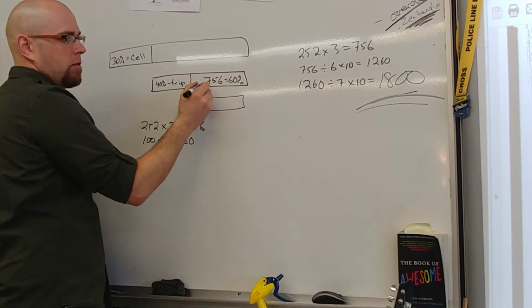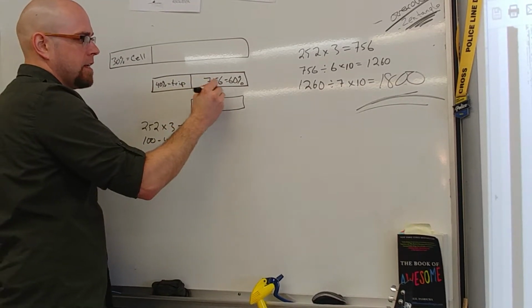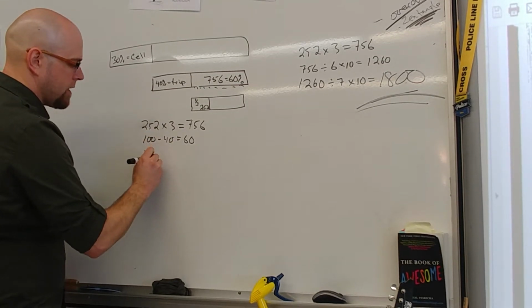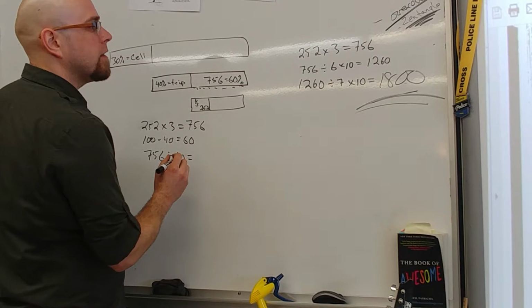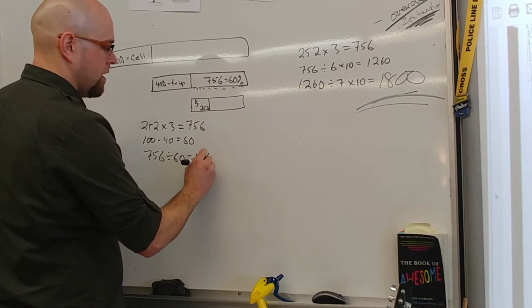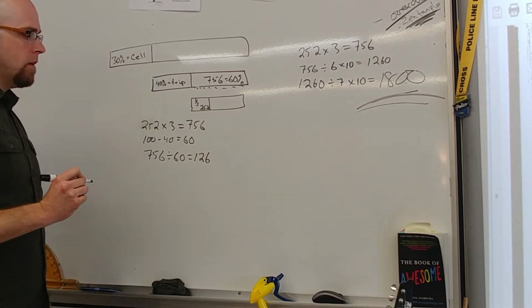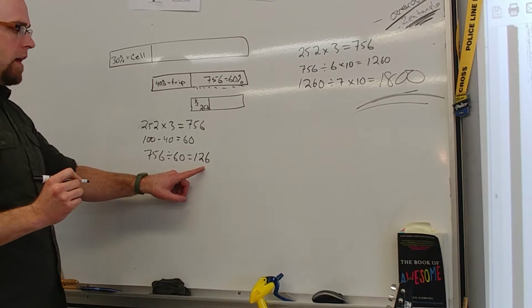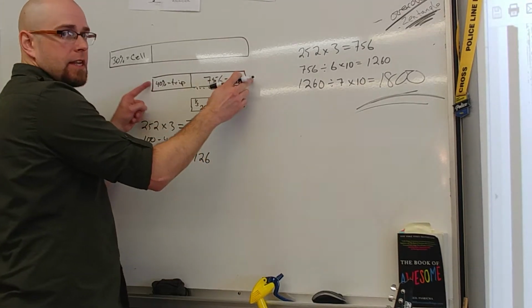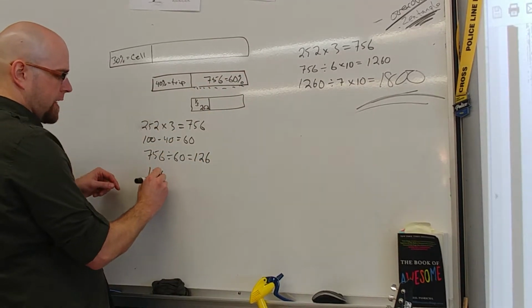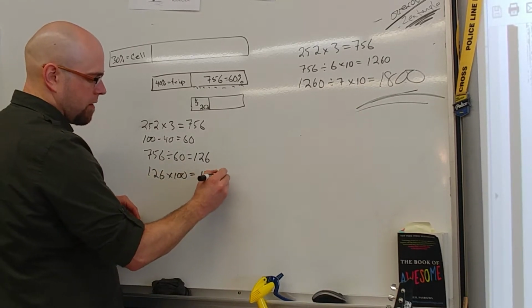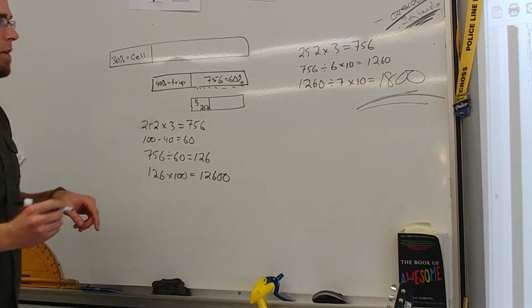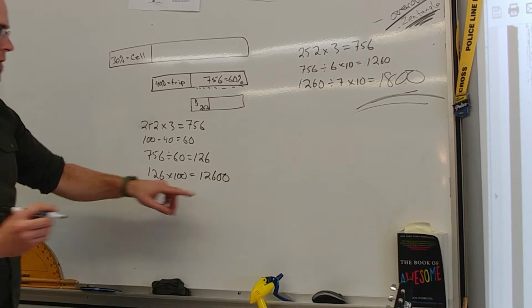Once we know that, if I divide that into 60 pieces, I'll know what 1% is. And I will find that it is 12.6.